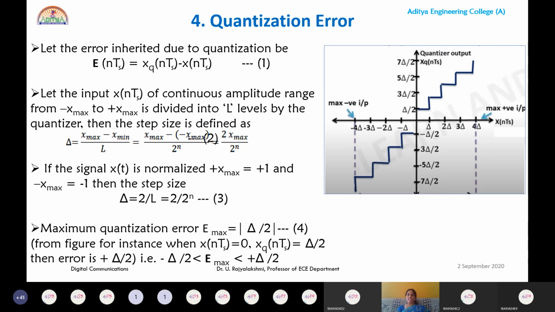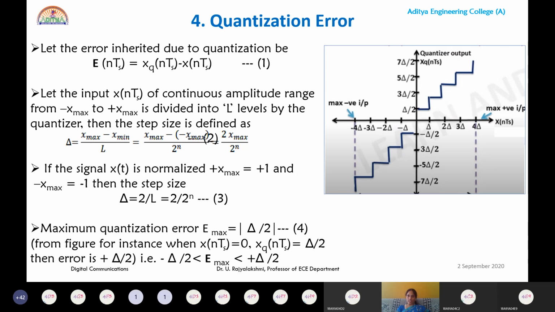Similarly, at x of NTS equals 2 delta, the output goes to 5 delta by 2, so 5 delta by 2 minus 2 delta, that is 5 delta minus 4 delta by 2, is once again delta by 2. So what you should identify here is that during the positive staircase waveform, the quantization error at any instance of input and output equals plus delta by 2.